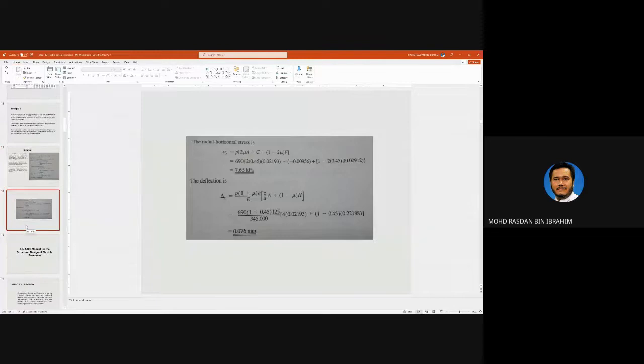and you calculate the radial horizontal stress. So at this depth, the stress is 7.64 kPa, and the deflection is 0.076.